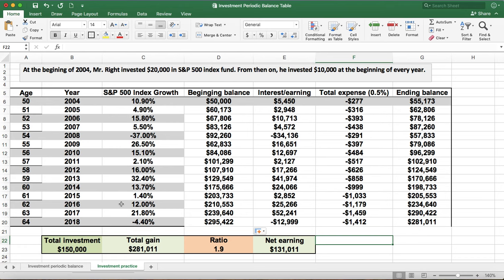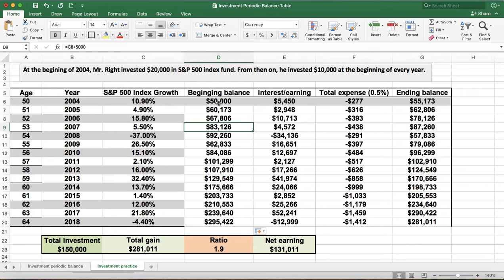Because he bought a cabin by the lake, he stopped the annual investment of this amount. So what shall we do here? From this year, 2014, he stopped annual investment.